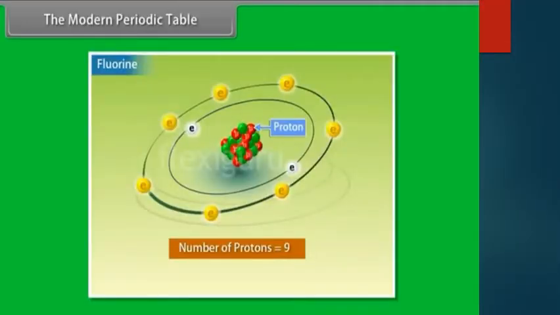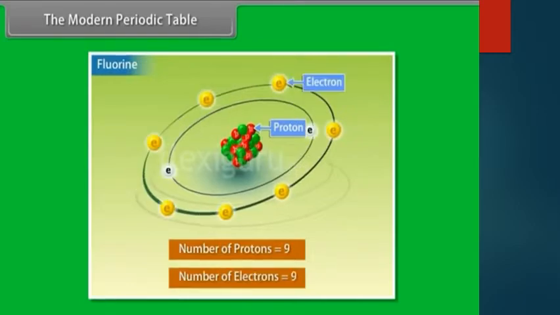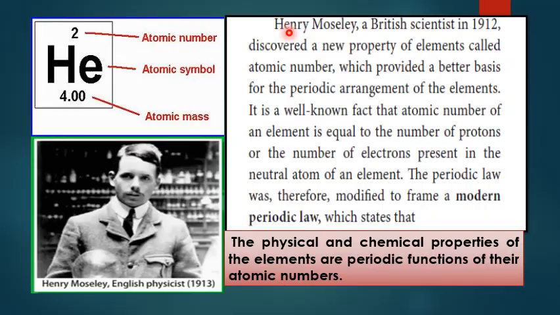Atomic number of an element refers to the number of protons in the nucleus of an atom. The number of electrons in the neutral atom is also equal to its atomic number. Henry Moseley, a British scientist, in 1912 discovered a new property of elements called atomic number, which provided a better basis for the periodic arrangement of the elements.